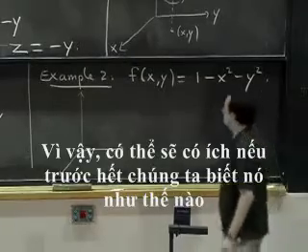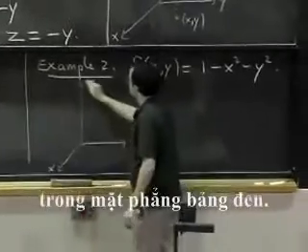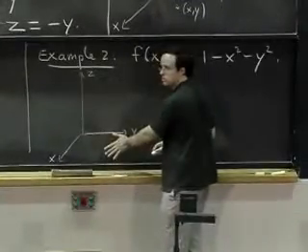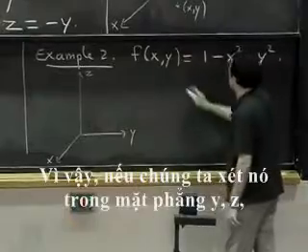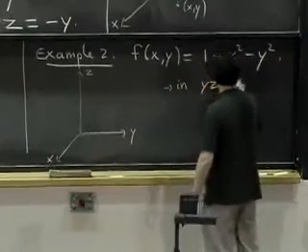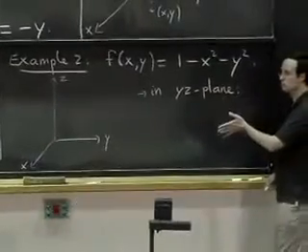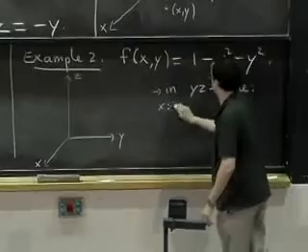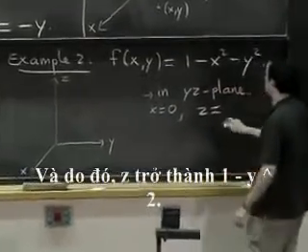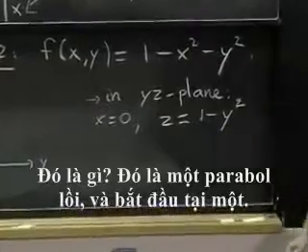So maybe it will help if we understand first what it does in the plane of the blackboard. If we look at it in the yz plane, that means we set x equal to 0. And then z becomes 1 minus y squared. What is that?